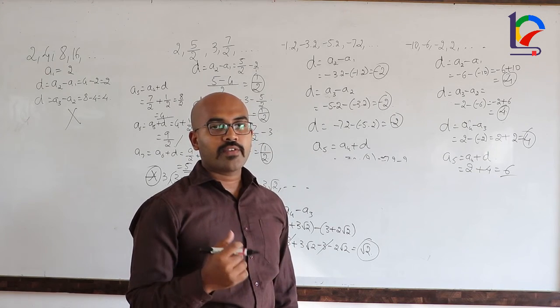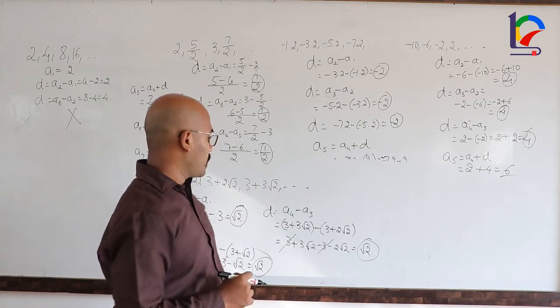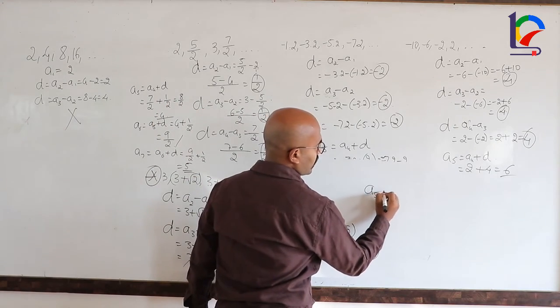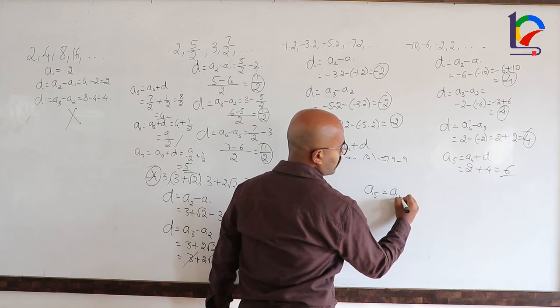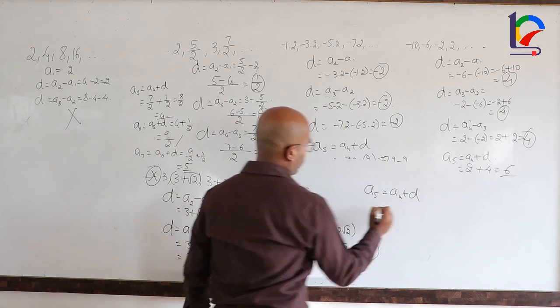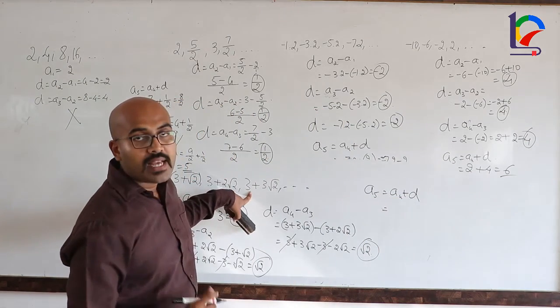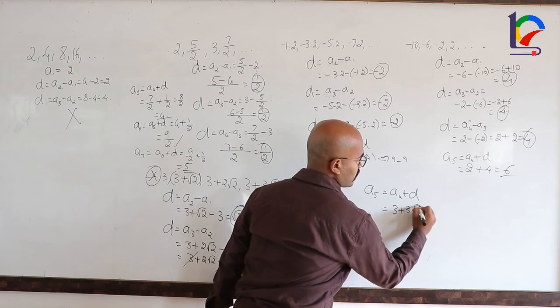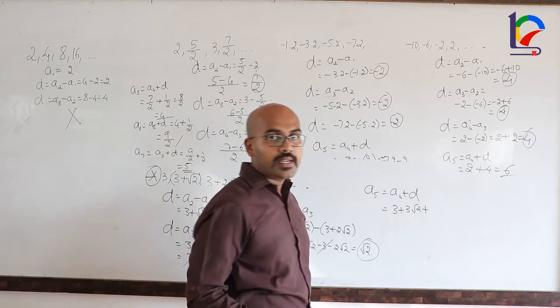So we need to find the other three terms. So we know what is A4. So to find A5, it is A4 plus D. What is A4? 3 plus 3 root 2. What is D? It is root 2.